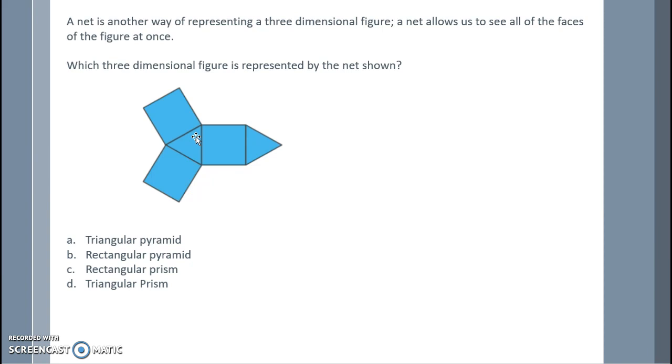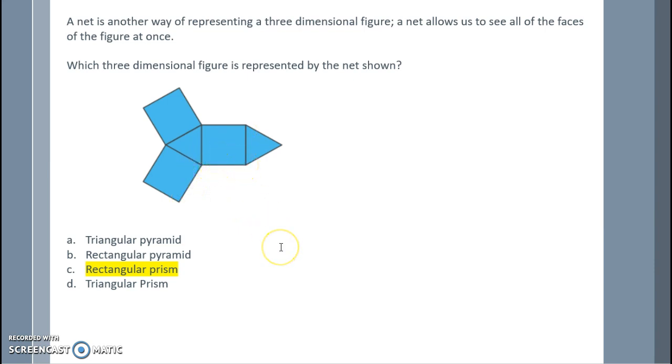Which three-dimensional figure is represented by the net shown? Is it a triangular pyramid, a rectangular pyramid, a rectangular prism, or a triangular prism? This is a rectangular prism. I would fold each piece of these up and then this part would snap down and match here, and this part would match down here.